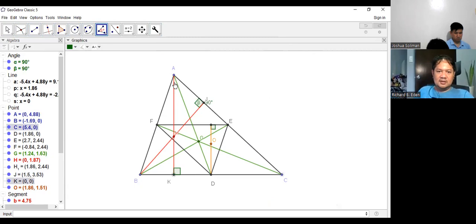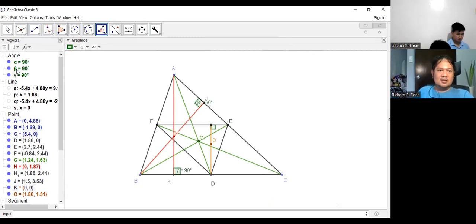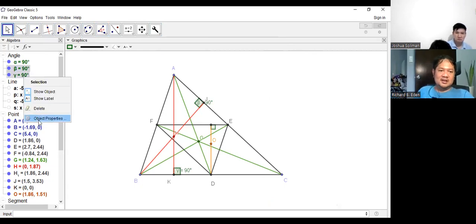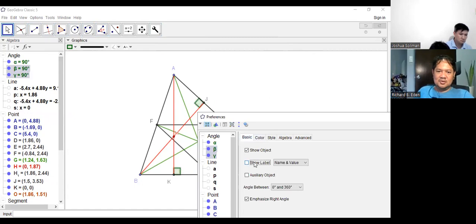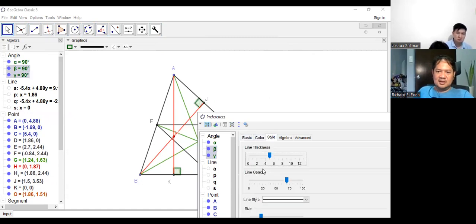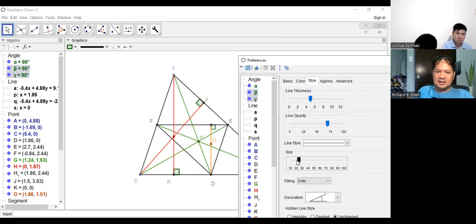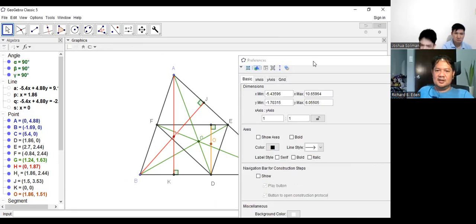Also 90 degrees. We don't need the label that they're 90 degrees because nandun na naman nung show label 90 degrees. Yeah. Okay, that will do.